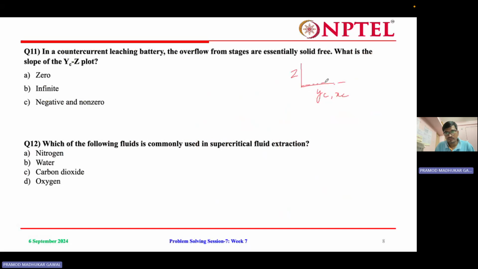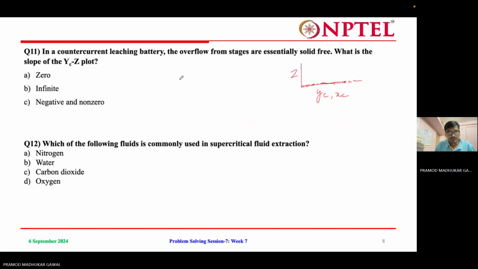So it is a straight line that goes through the x-axis. We have to calculate the slope of this line.